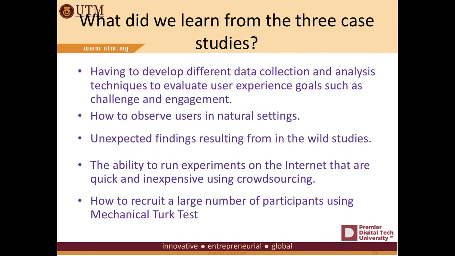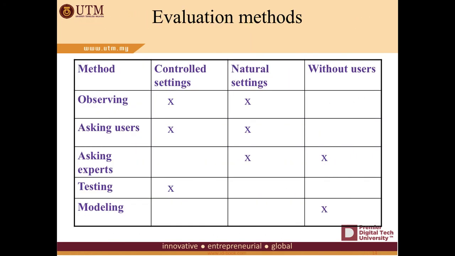Right. I go with this slide, which is much more straightforward as well. But you can see the differences among control setting, natural setting, and predictive evaluation or without user. You can see that control setting involves observing, and natural setting also involves observation.